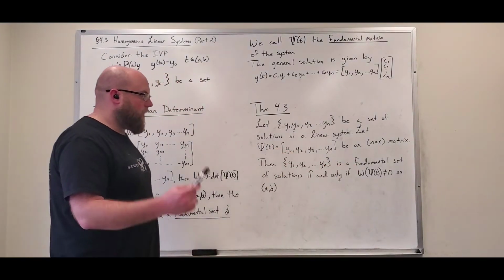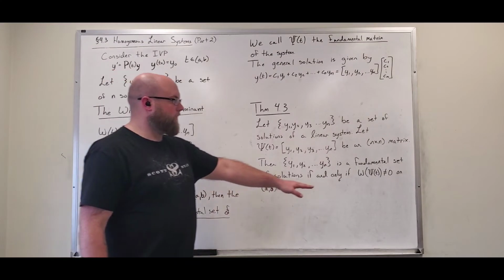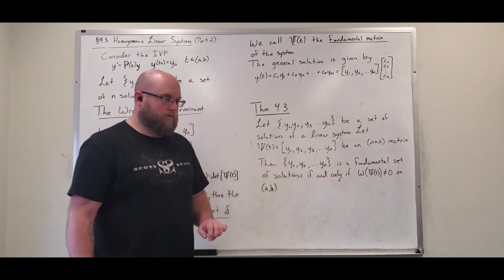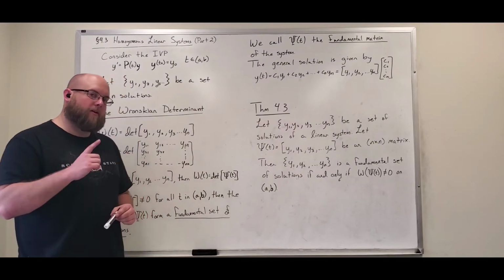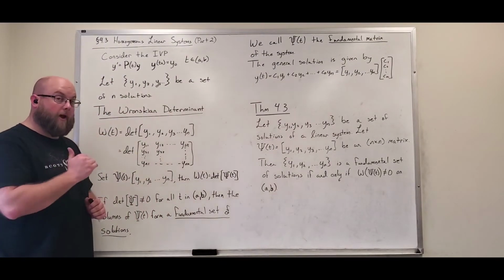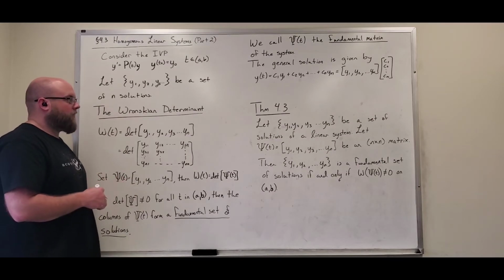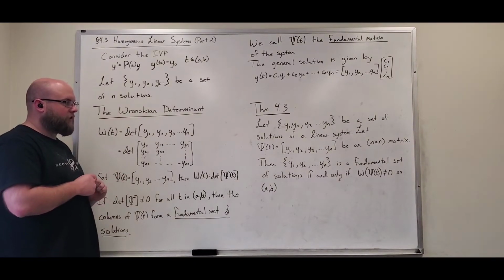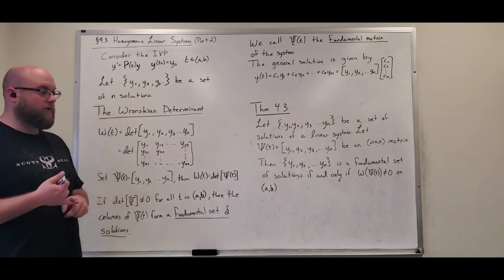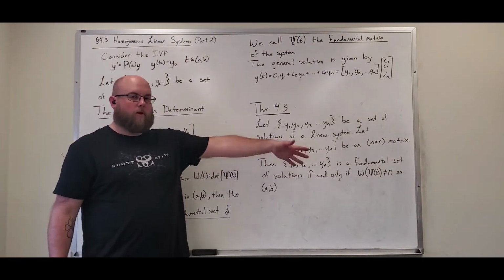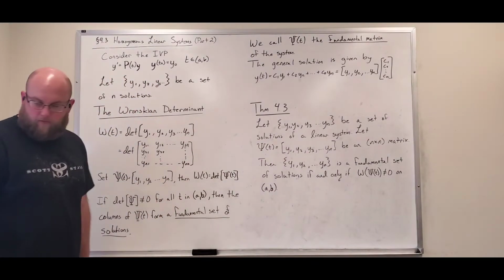The other way it reads is if the Wronskian of psi is not equal to 0, then this forms a fundamental set. So that's what an if and only if statement is. It's read both ways, so forwards and backwards. Okay, so that's cool. If we can show that the Wronskian is not equal to 0, or if we're told that this is a fundamental set, then the Wronskian has to be not equal to 0 for that case.